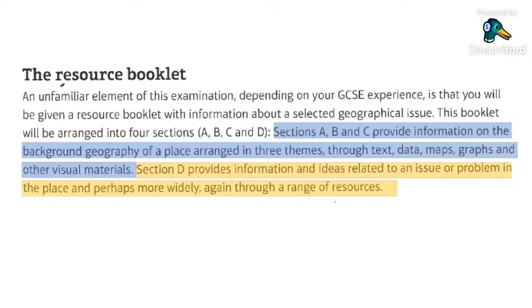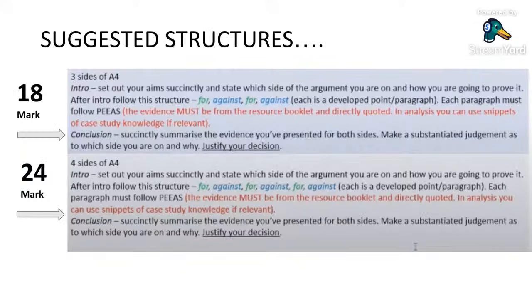In the resource booklet, sections A, B, and C tend to be lots of background to the issue and the themes that we've mentioned. But section D tends to be really specifically down to an issue or a problem with a number of resources. But the 24 marker will draw on all of it. Whereas you might find the 18 marker directs you only to section C.